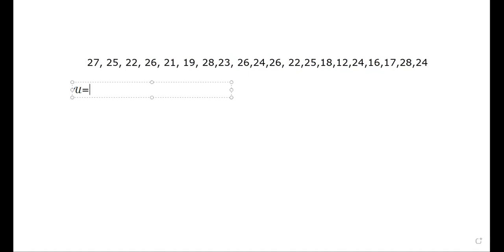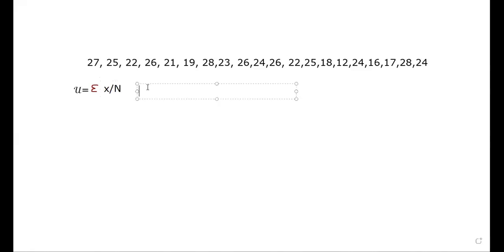And now summation of x. Summation of x, that means x divided by capital N because it is population.